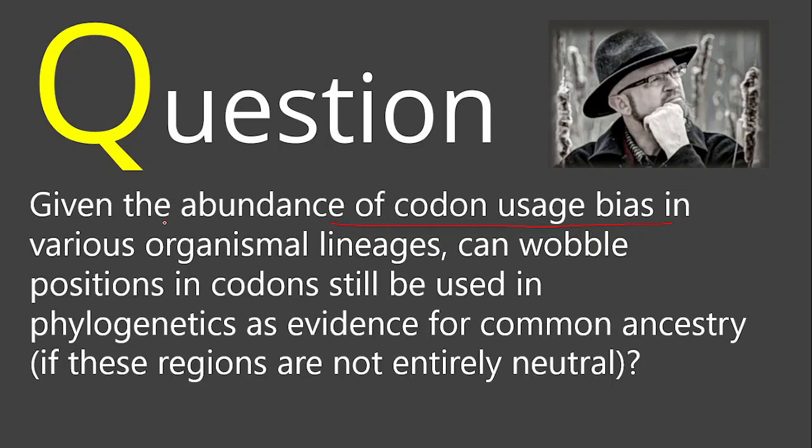Also, all data sets are affected by some kind of bias. Many characters aren't neutral, especially morphological characters, the external features that we usually look at and use to compare what we think are most similar to each other. And yes, we can be fooled by that. A sugar glider and a flying squirrel look really similar to each other, they have a similar habitat, they're nocturnal, and there's a bunch of similar features.